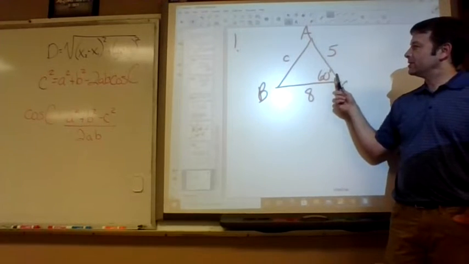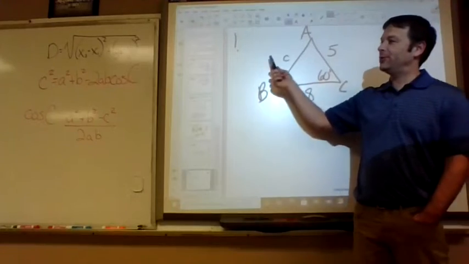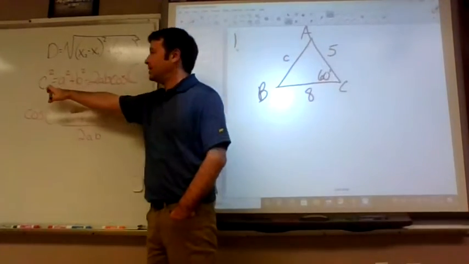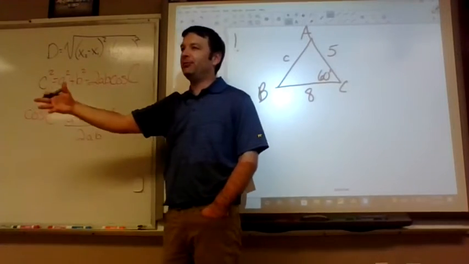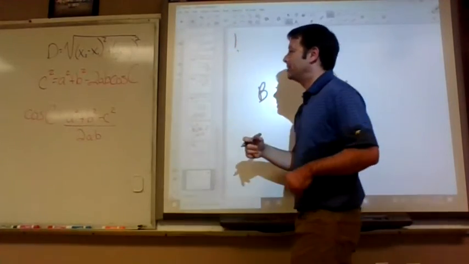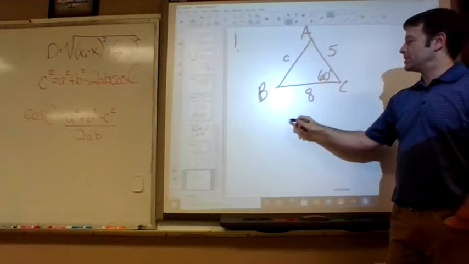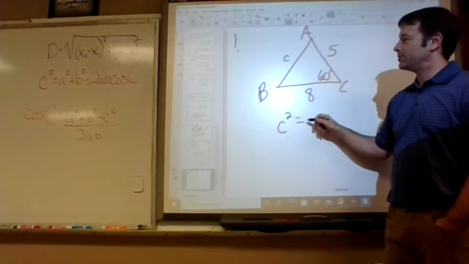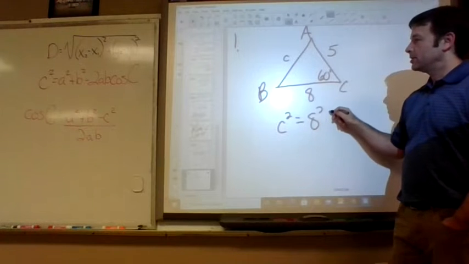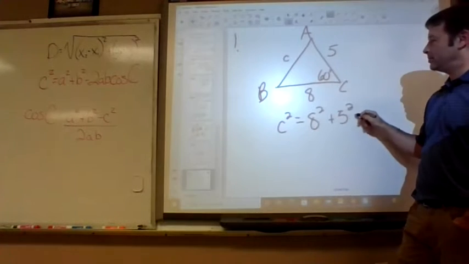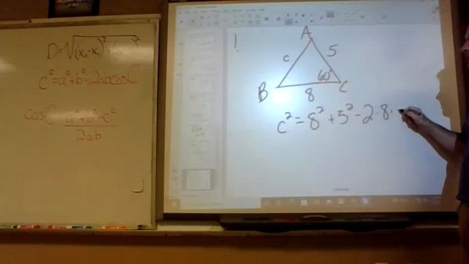The side we're looking for is actually called c, so this matches our formula. If it was called a, we'd have to think a little bit about it. So it's c squared equals a squared, which is 8 squared, plus 5 squared minus 2 times 8 times 5.